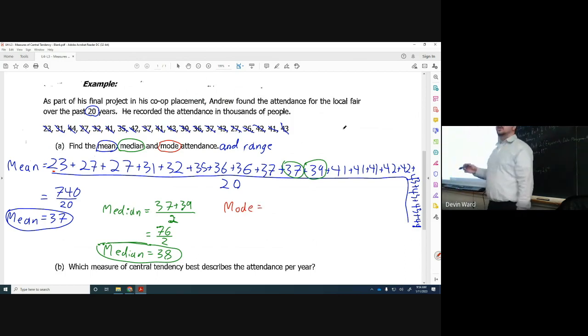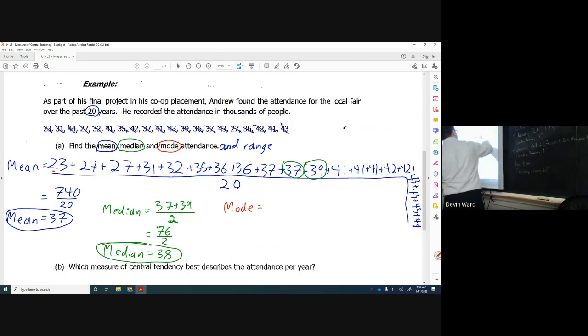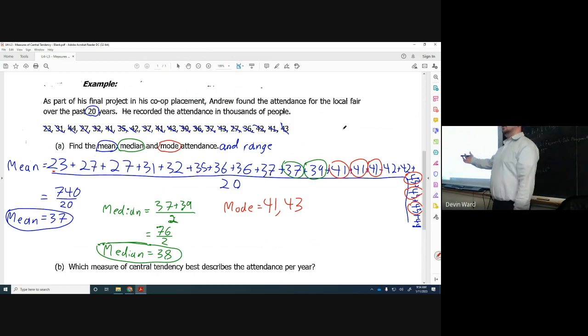What would the two modes be? Perfect. 41 and 43, because we have three of each. Okay. It's okay if you have more than one mode. Just put a comma between them to show that there's more than one.